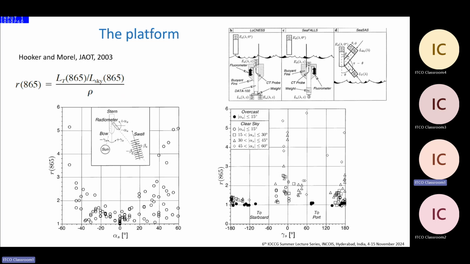You're supposed to look at a given angle at the sea, but then you have waves and swell, and the orientation of the ship with respect to the main direction of the swell, and these kinds of things.